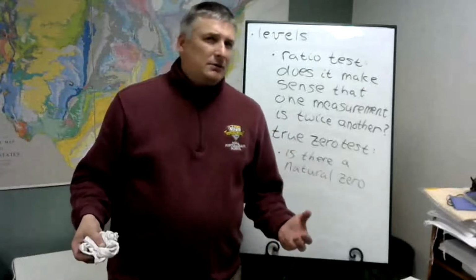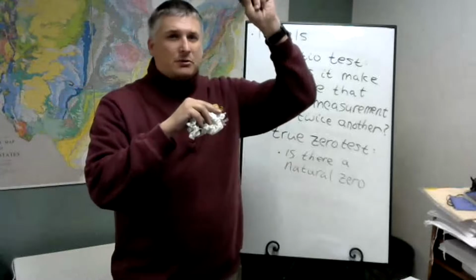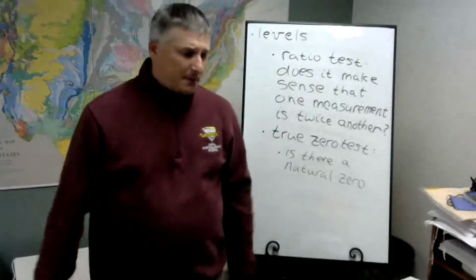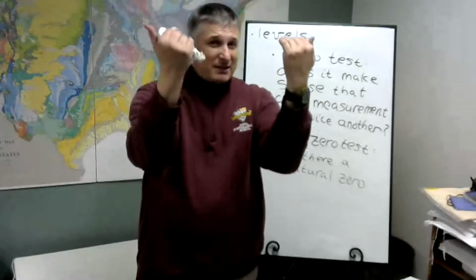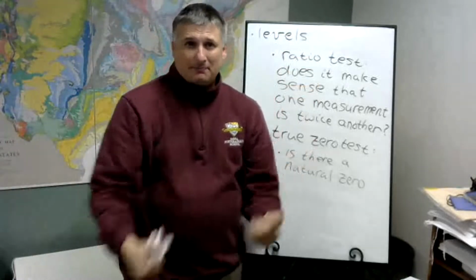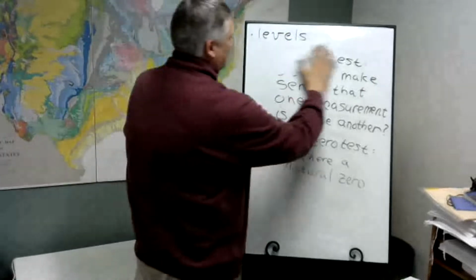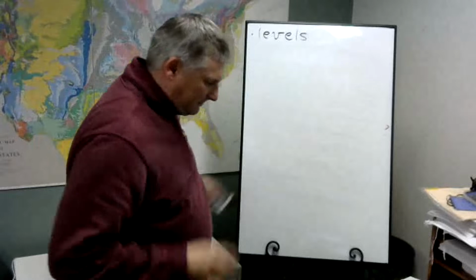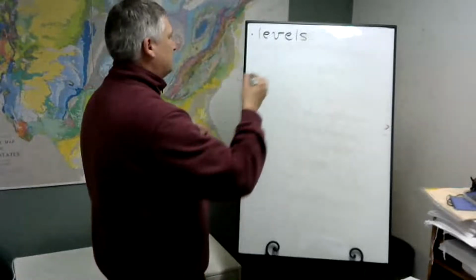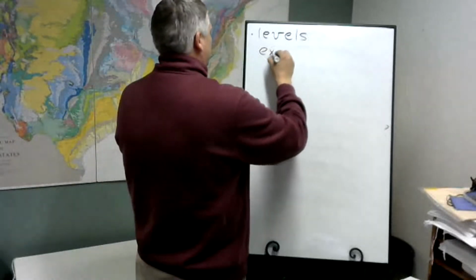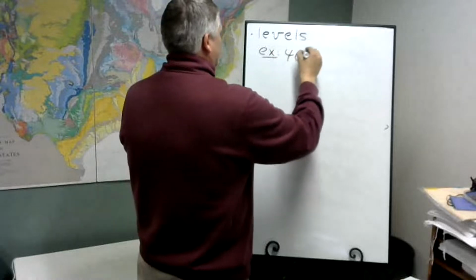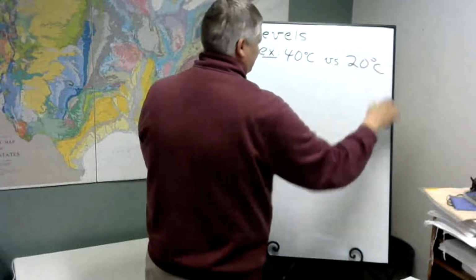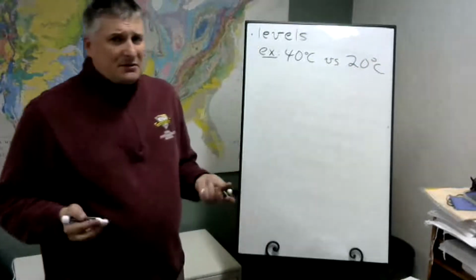What 40 degrees means is 40 degrees above 0 degrees Celsius. 20 degrees means you're 20 degrees above 0 degrees Celsius. Now, you can have negative values of Celsius. So here comes the problem. It would be very tempting to say that we're going to compare 40 degrees Celsius versus 20 degrees Celsius and argue that this passes the ratio test.